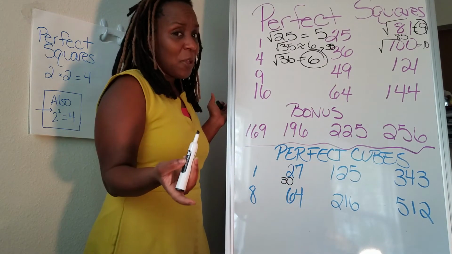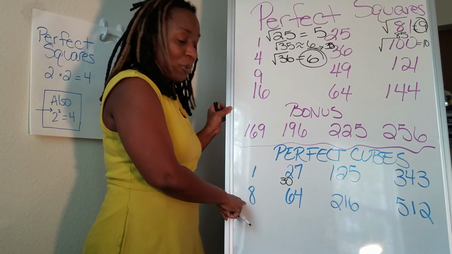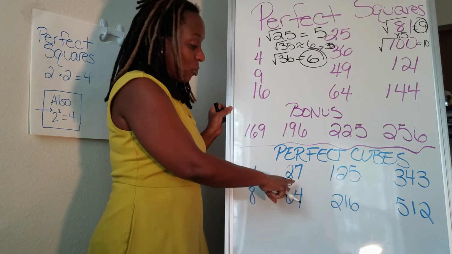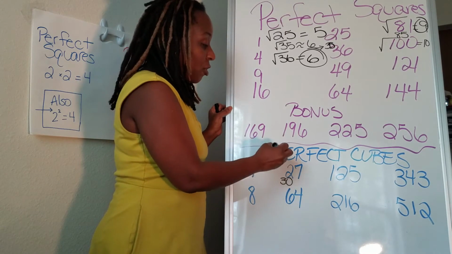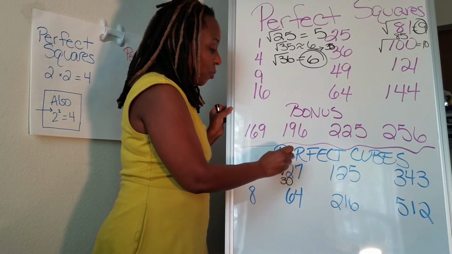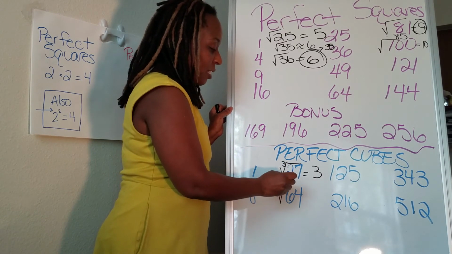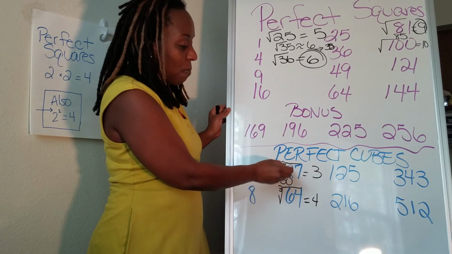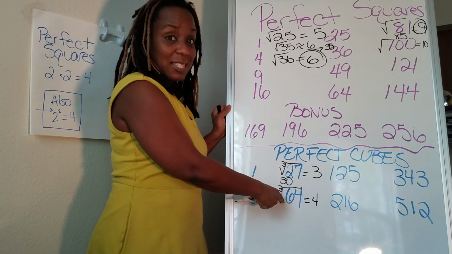So perfect cubes. 1 to the third power is 1. 2 to the third power is 8. 3 to the third power is 27. 4 to the third power is 64. So we know that the cube root of 27 equals 3. The cube root of 64 equals 4. And 30 is much, much closer to 27 than it is to 64.